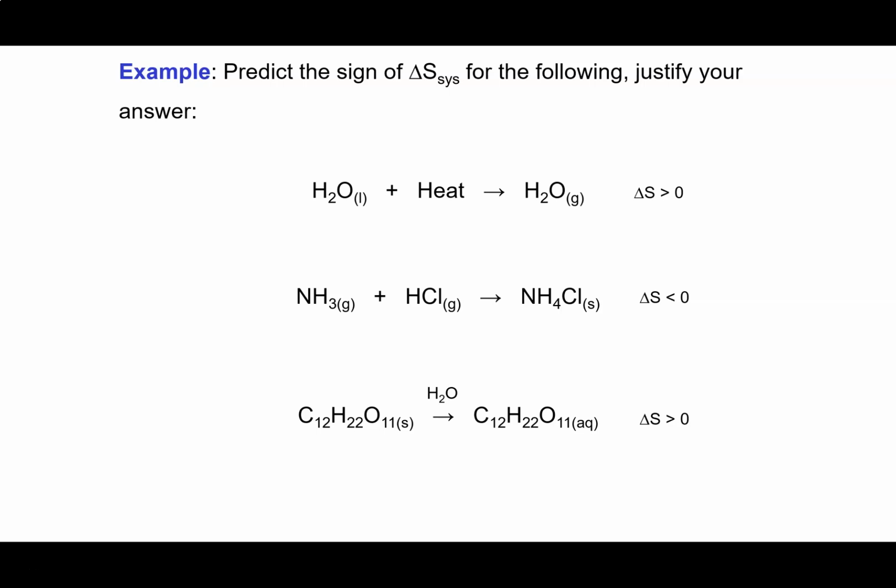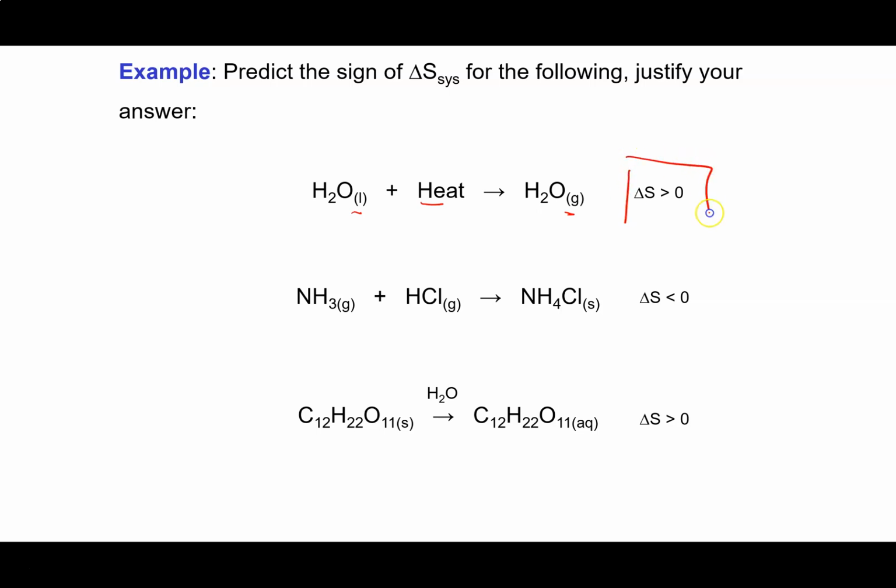So one of the things that you'll have to do is look at a physical or chemical process and predict whether you would expect delta S for that system to be positive or negative, and then explain how you arrived at your answer. So in this case, we're taking liquid water, we're adding in some heat, and we're generating gaseous water.